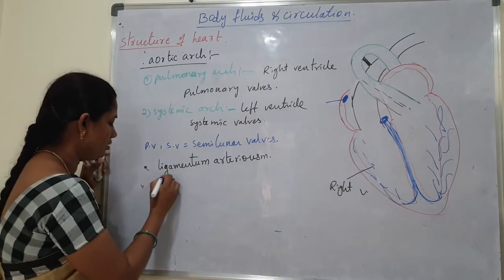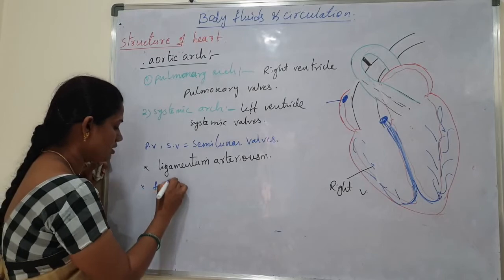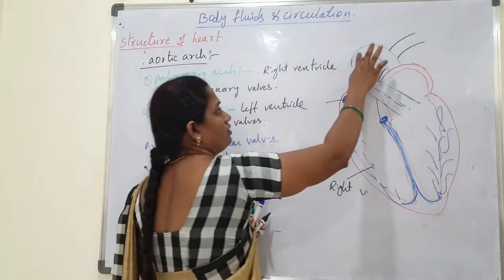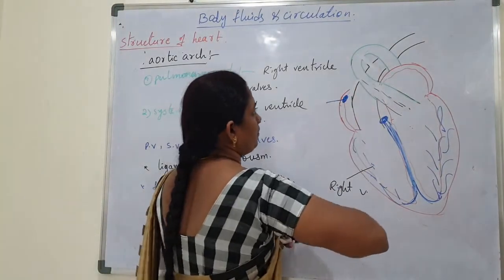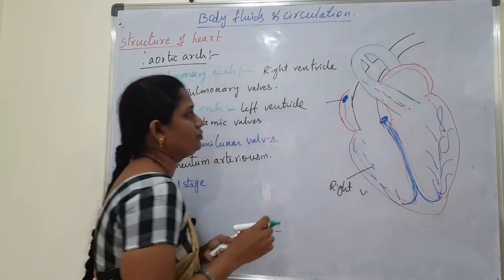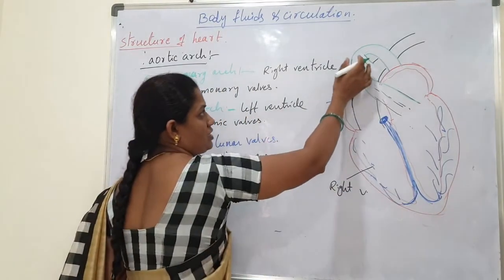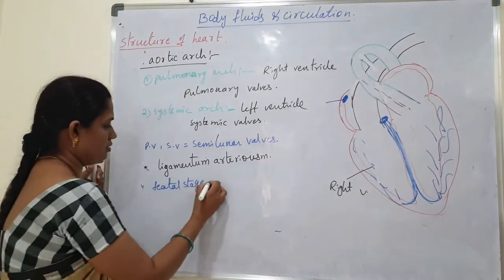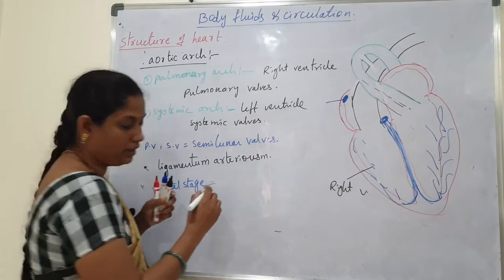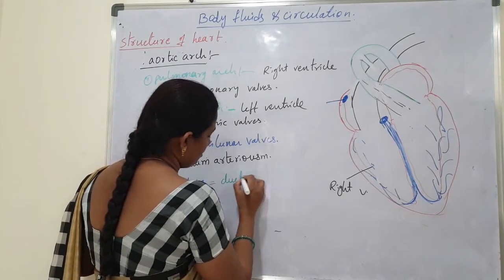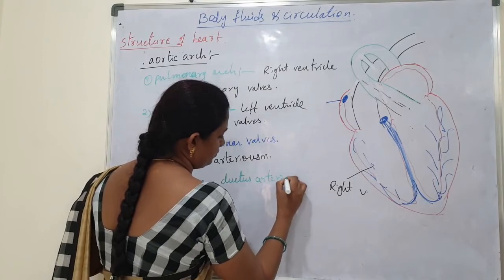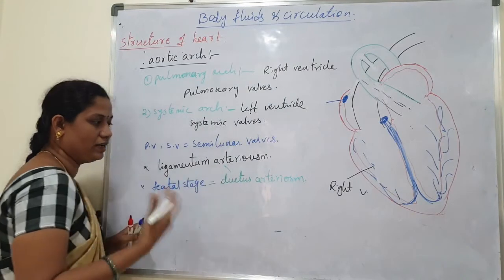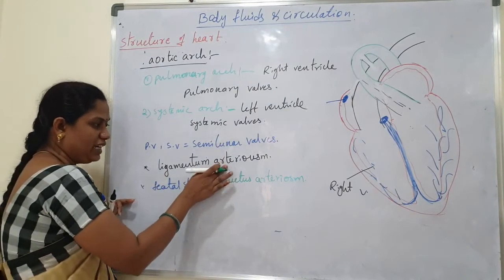Actually, it is a remnant of the fetal stage. In the fetal stage, the systemic arc and pulmonary arc are connected by the ductus arteriosus, which is present only in the fetal stage.